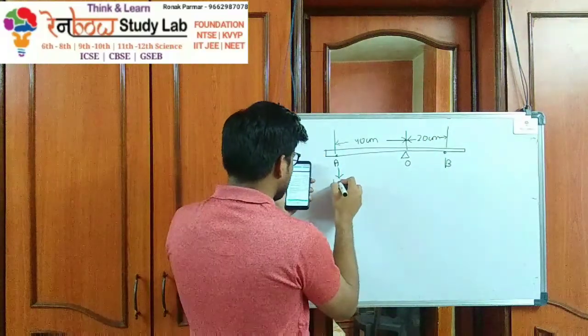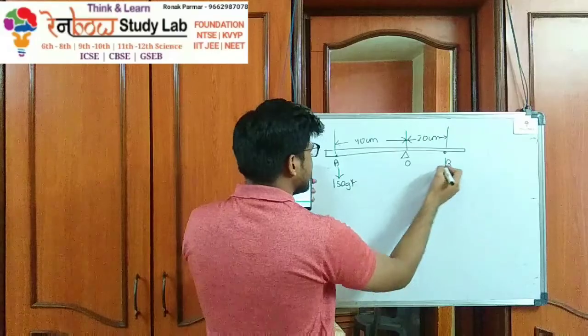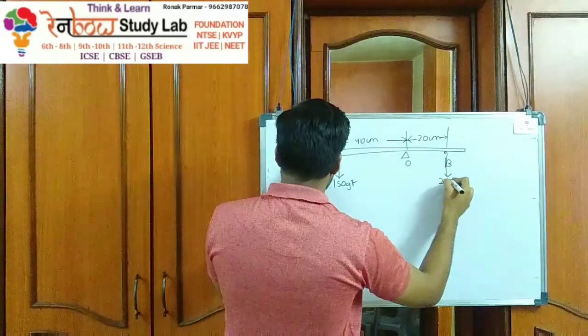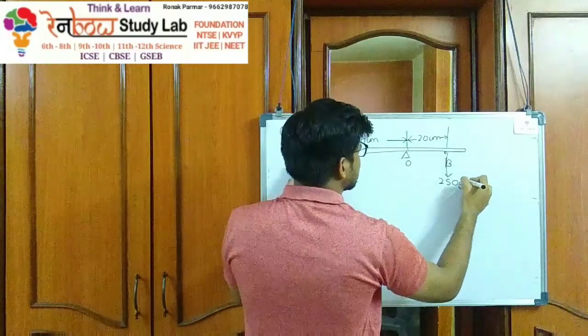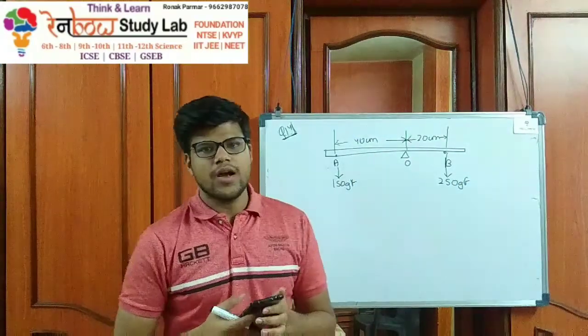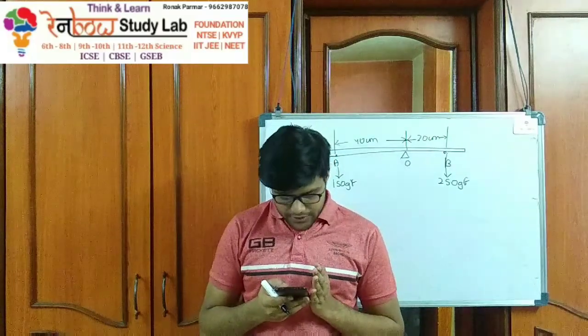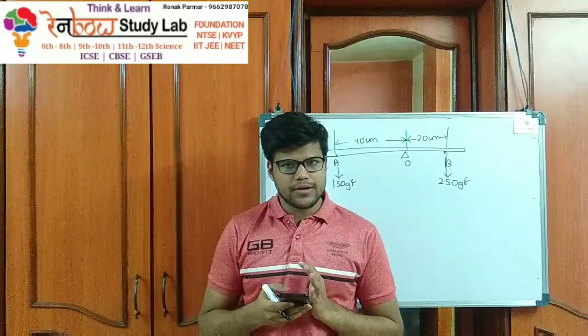Weight at A is 150 gf and weight at B is 250 gf. So there are two weights, 150 gf and 250 gf. One is at A and one is at B.